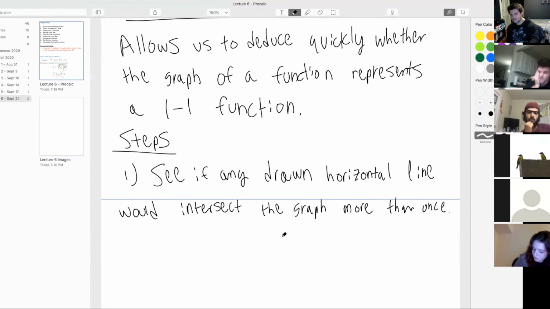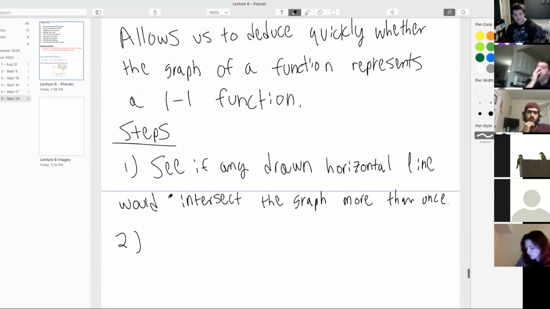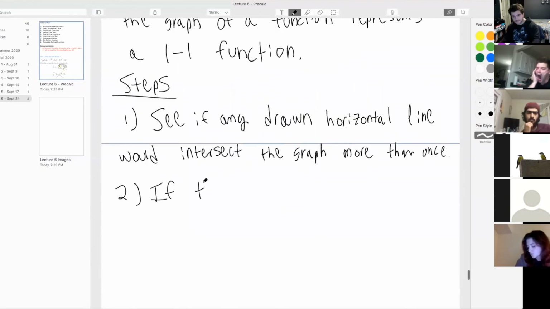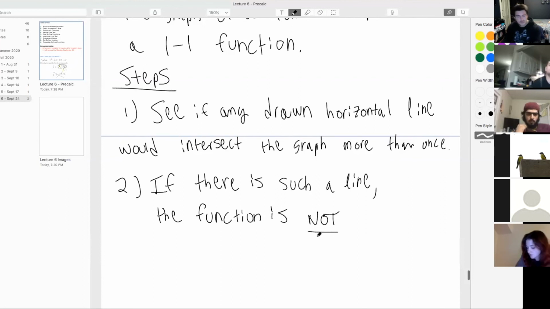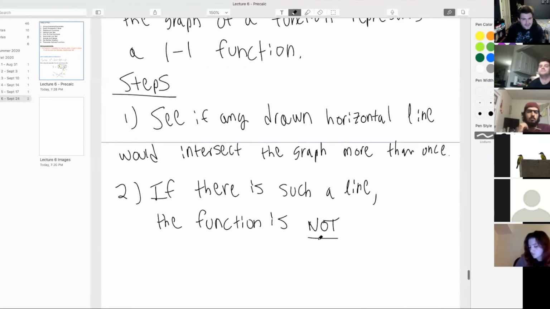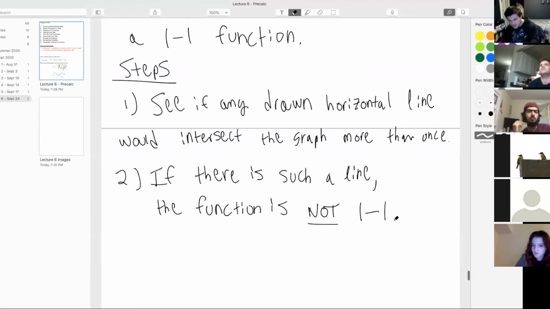Step 2, if there is such a line, the function is not one-to-one.